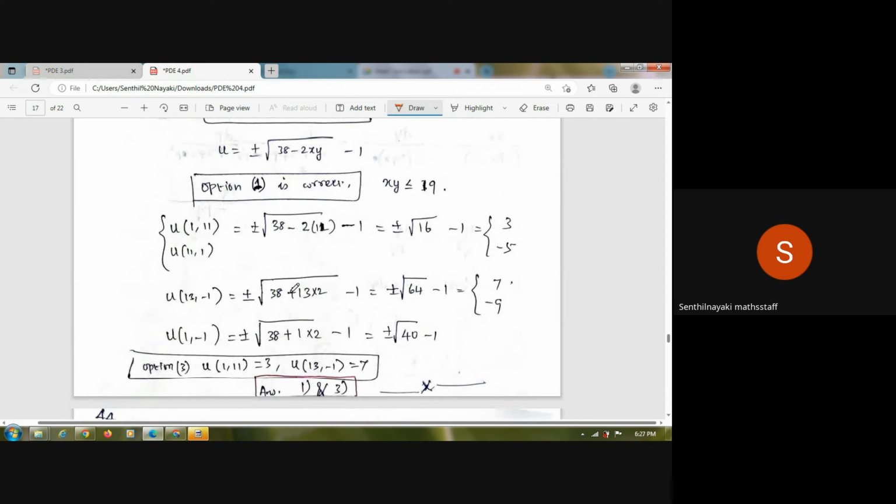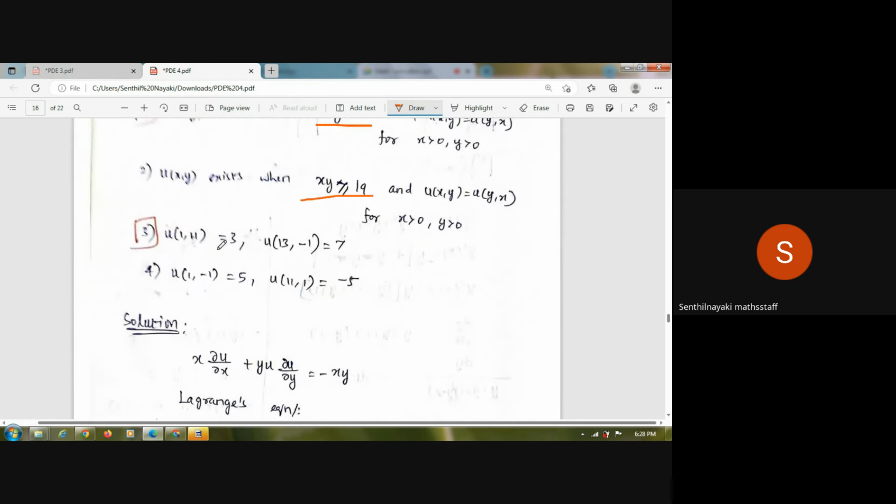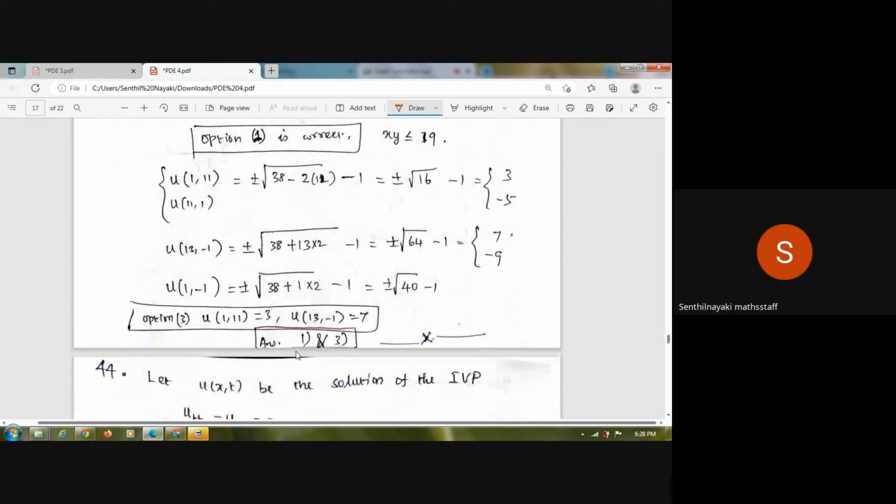Therefore, if option 1 is correct, then 2 is wrong. Next, we have to check whether 3 is correct or 4 is correct. We are going to check all the 4. u of 1 comma 11 is 3, and u of 13 comma minus 1 is 7. u of 11 comma 1 has value minus 5. u of 1 comma minus 1 has value minus 9.